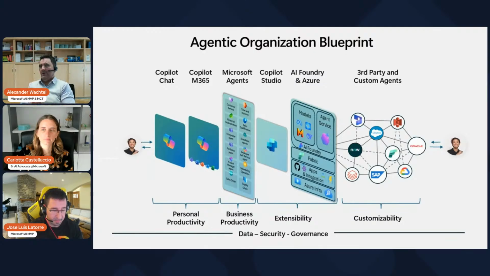If we're talking about the agentic organization blueprint, we're starting with Copilot chat. From the left, we have our end user. We see the product, for example Copilot, and then we assign a license. We are ready to go. If you move on later, you have a lot of agents that Microsoft provides to us to be productive. This is business productivity. Then low code, no code.